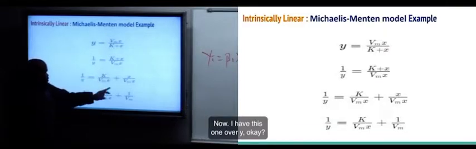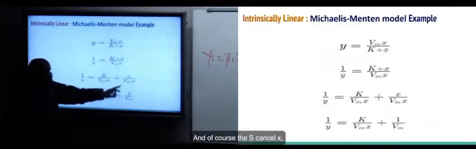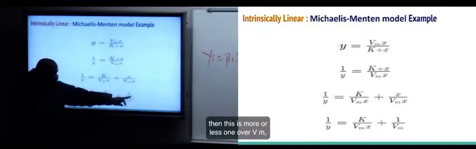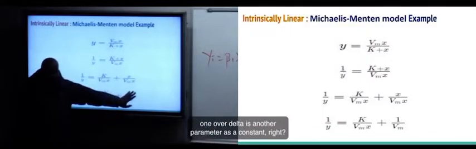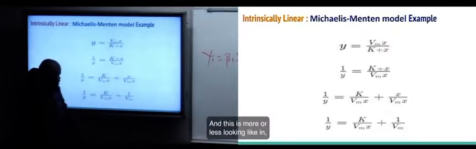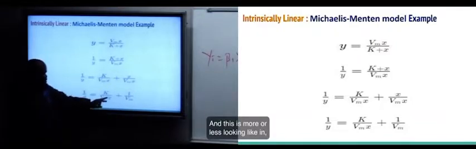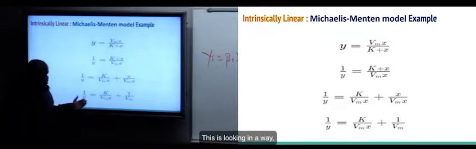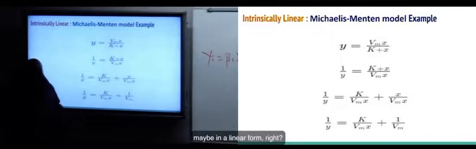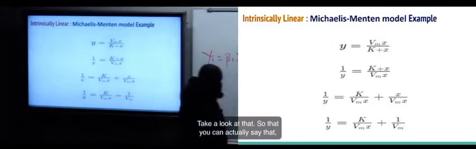You have this, you have that, 1 over Y. And of course, the S cancels. Then this is more or less 1 over Vm, where Vm is a parameter. 1 over that is another parameter. That's a constant, right? And this is more or less looking like K times the reciprocal of X. So this is looking, in a way, like a linear form, right? Take a look at that.